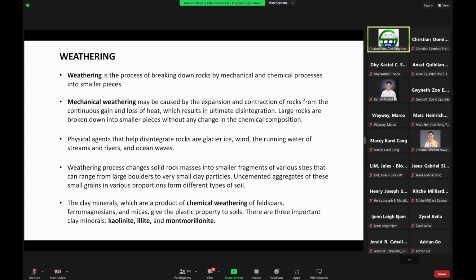Now going back, the clay minerals, which are a product of chemical weathering of feldspars, ferromagnesians, and micas, give the plastic property to soils. Now there are three important clay minerals. In practice, normally we try to look for these minerals. We try to distinguish between kaolinite, illite, and montmorillonite clay minerals.